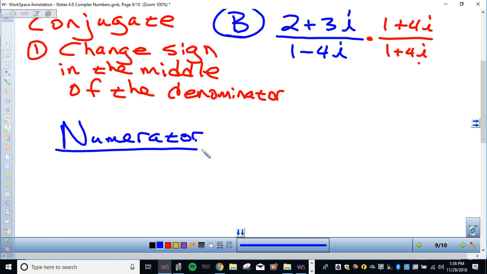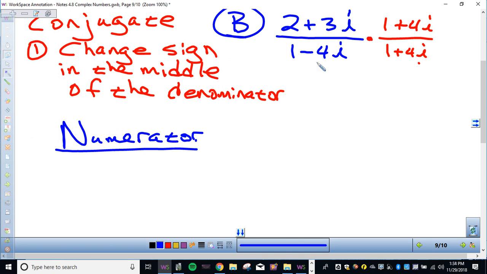So here's a question. Can anyone multiply the denominator in their head? Because you can definitely multiply it in your head. I already did it. I'm a math teacher, so I should be able to do it, right? But you can think it in your head, right? Because the outside and inside with FOIL is going to cancel.